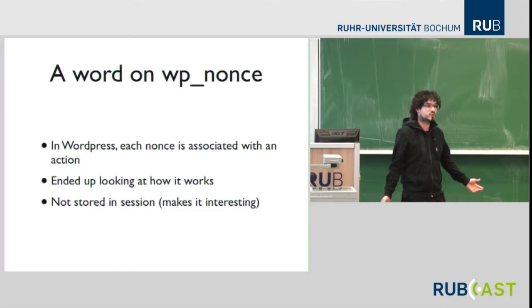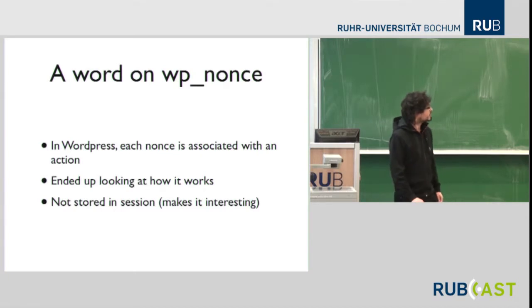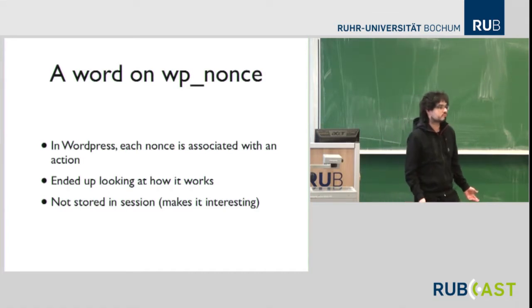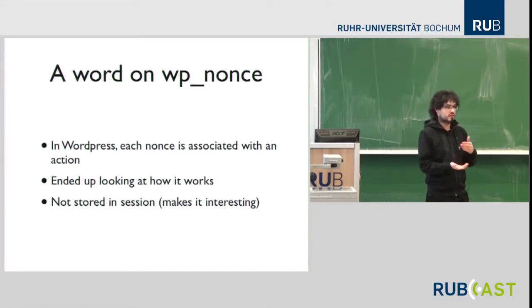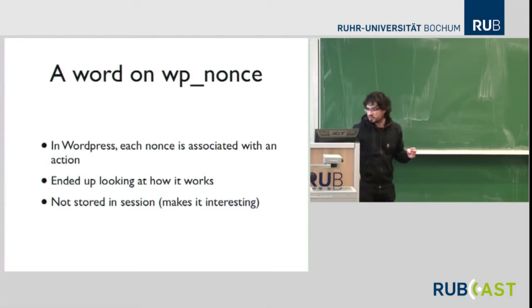Did any one of you look at WordPress and how they do their token generation? So I'll go through this. Basically, they don't store it in the session. They generate a token which works for that request, and I'm going to explain how that works.